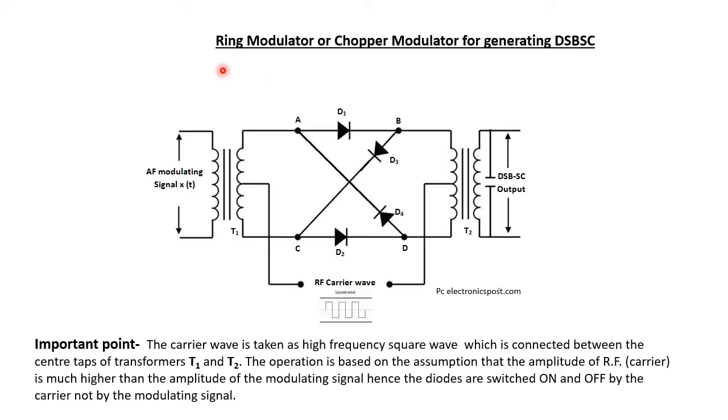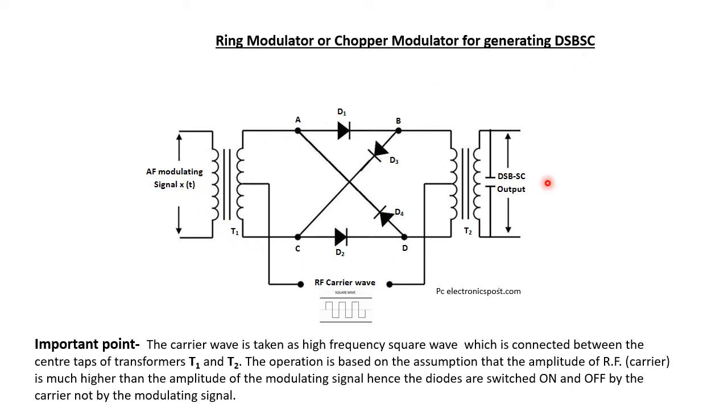Now the next circuit which we are going to discuss is a ring modulator, which is also called a chopper modulator, and this circuit is used for the generation of DSB-SC, that is double sideband suppressed carrier.